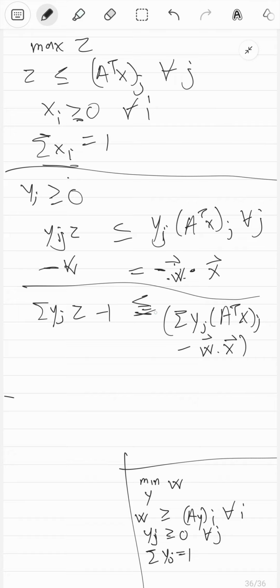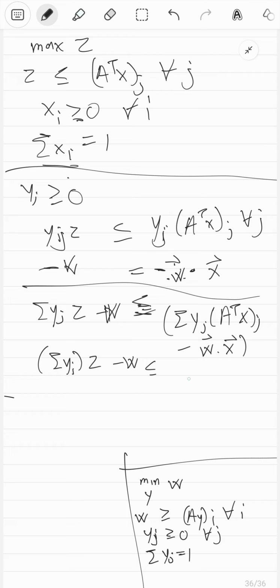So you can write this whole thing as the summation of yj times z minus w, which is less than or equal to this quantity. Now, what's the summation of yj (A transpose x) sub j?